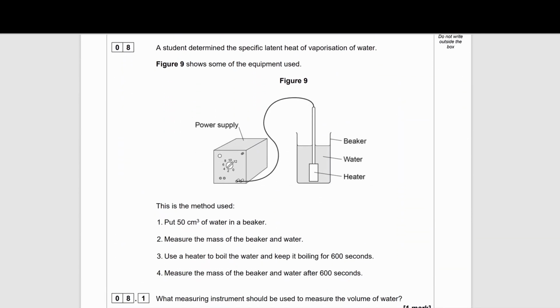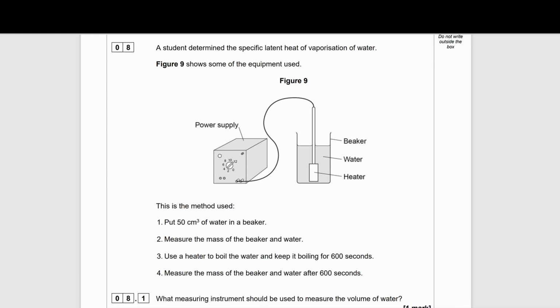organs. Question 8. A student determined the specific latent heat of vaporization of water. Figure 9 shows some of the equipment used. So we're given a power supply with a beaker containing water and a heater which is immersed in the water.